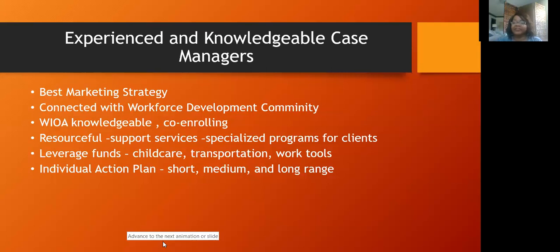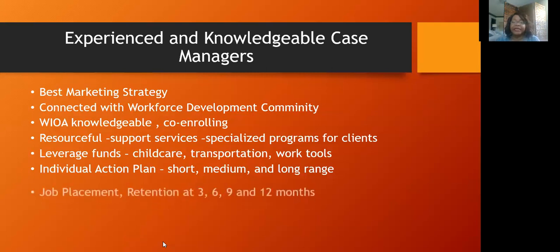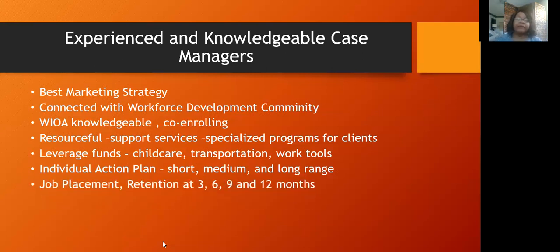The next factor that we want to take a look at, in terms of the requirements and experience of the case managers, is they have the responsibility of job placement, job retention. Again, we talked about that being 3, 6, 9, 12 months.